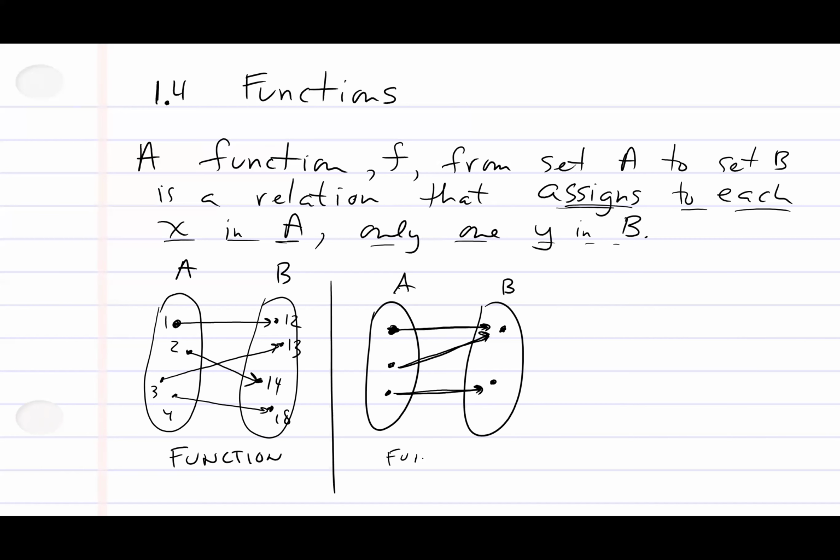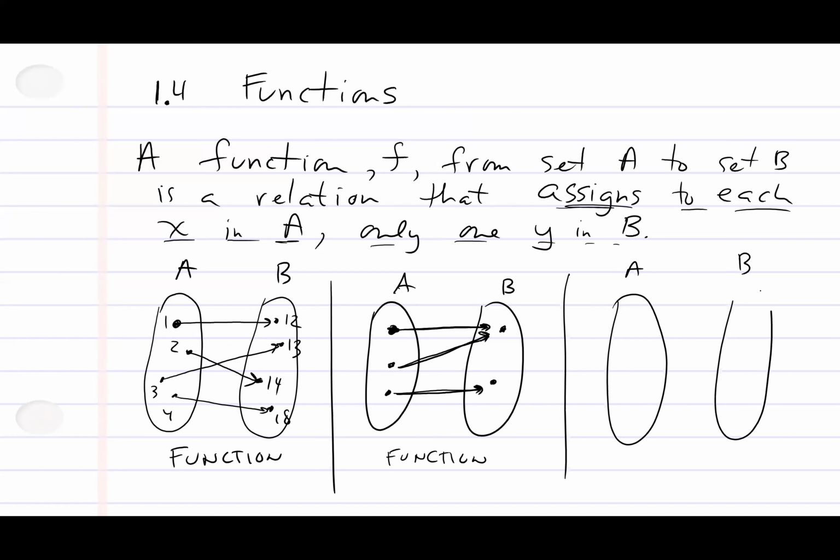If you have a Y that is assigned two X's, but all of the X's are assigned only one Y, does that make sense? Is that a function? Yes, all the X's are assigned a single Y, so that still works. Let's go this way. How about this one here?